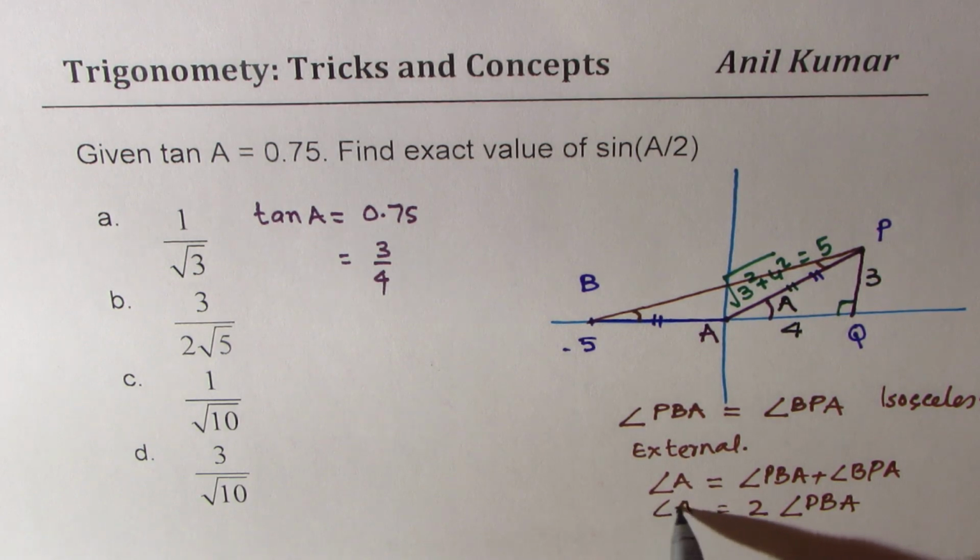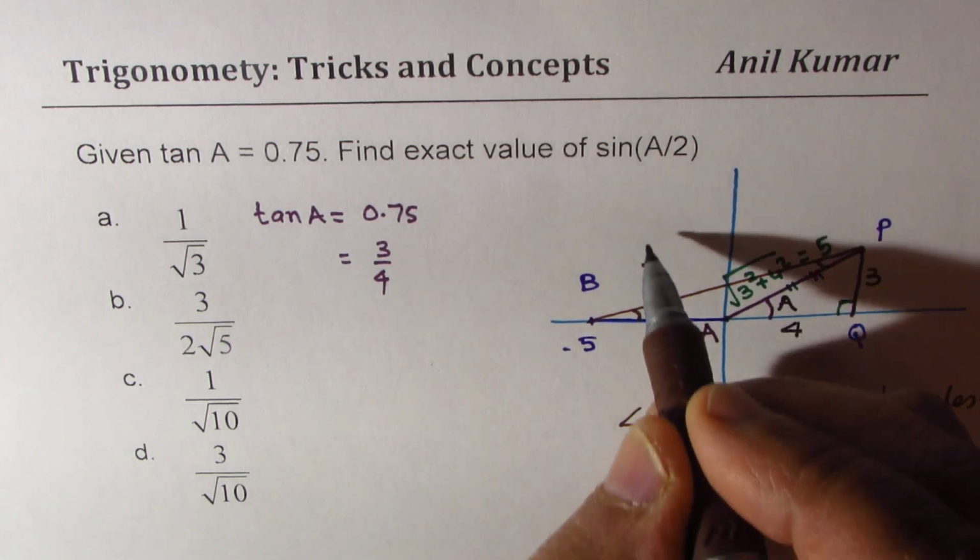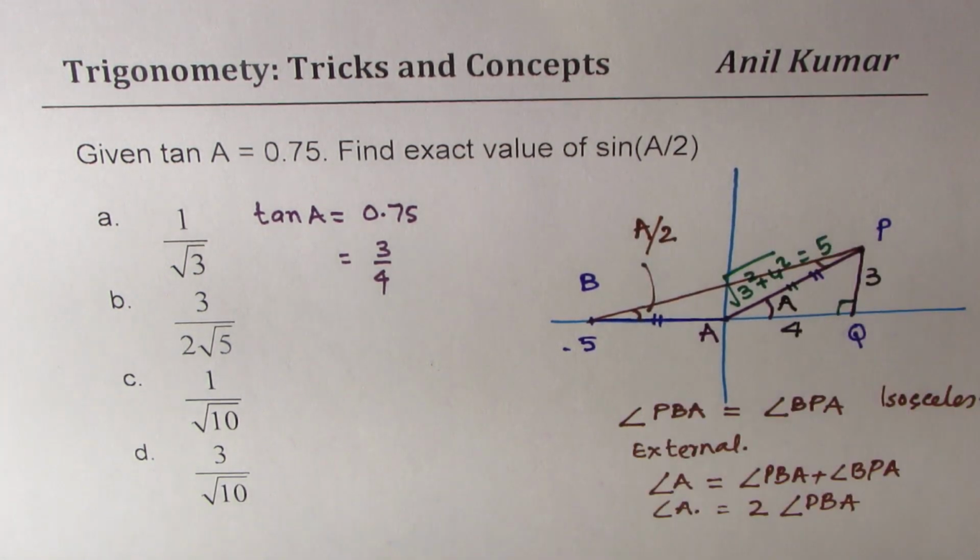Perfect. So in that case, this angle is equal to A by 2. Dividing by 2, that is the measurement of these angles which we are getting. So we know this is A by 2.